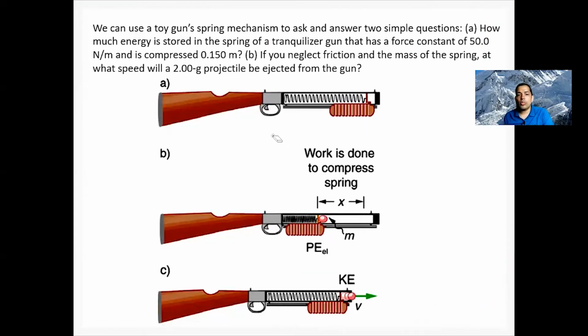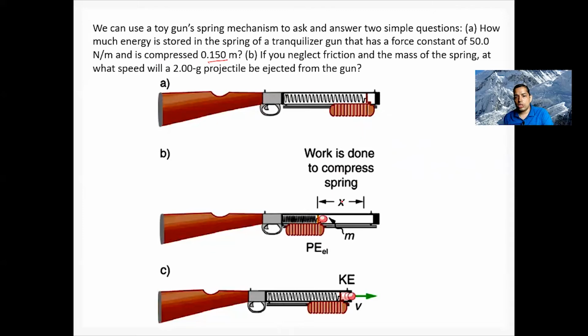So let's do a problem here. We can use a toy gun's spring mechanism to ask and answer two simple questions. How much energy is stored in the spring of a tranquilizer gun that has a force constant of 50 Newton per meter and is compressed 0.15 meter?